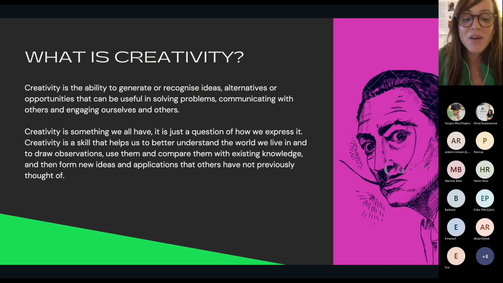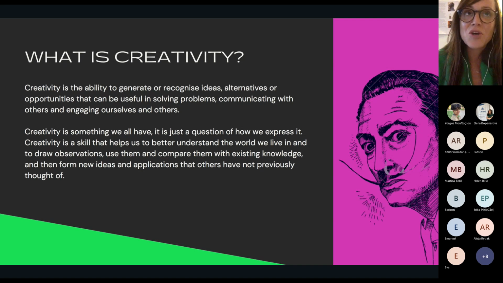But providing meaning or communicating new ideas in an innovative and engaging way, approaching problems from new perspectives and producing innovative solutions are all highly demanded, because they can produce innovation, and of course diversity. So creativity is something that all of us have. It is just a question of how we express it.